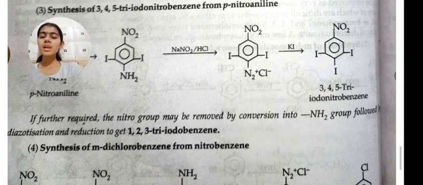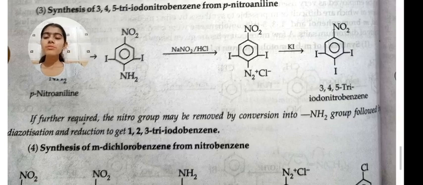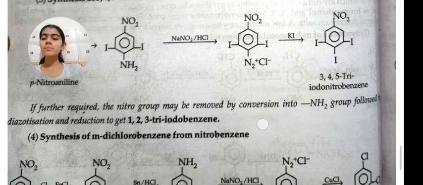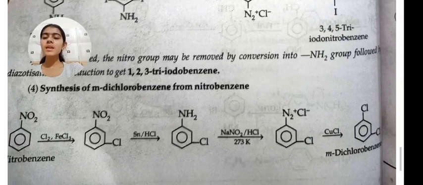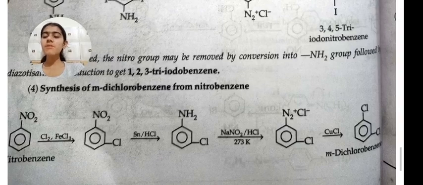If further required, the nitro compound may have its nitro group removed by conversion into an NH2 group, followed by diazotization and reduction to get 1,2,3-triiodobenzene. Synthesis of meta-dichlorobenzene from nitrobenzene: nitrobenzene is first reacted with Cl2 in the presence of FeCl3.